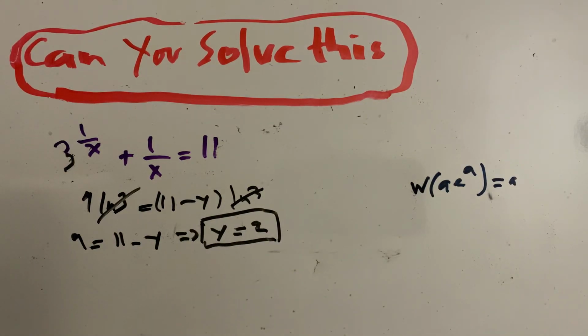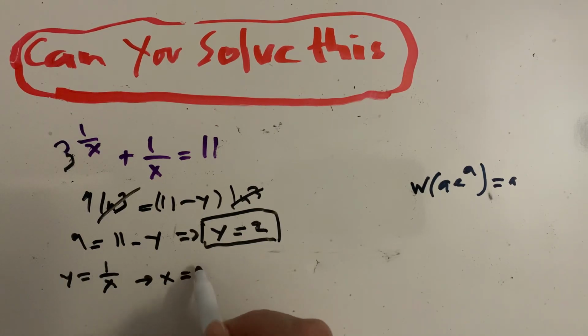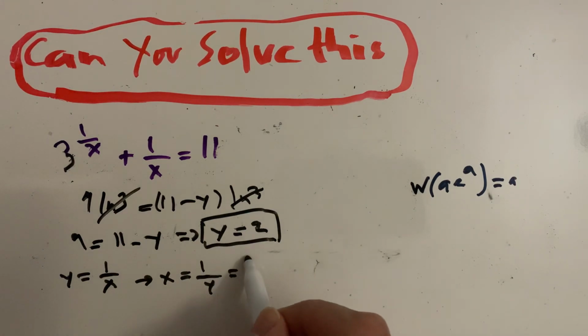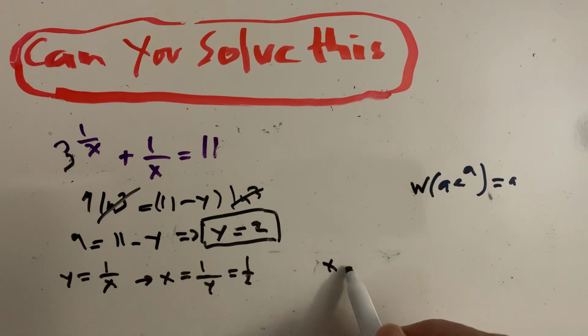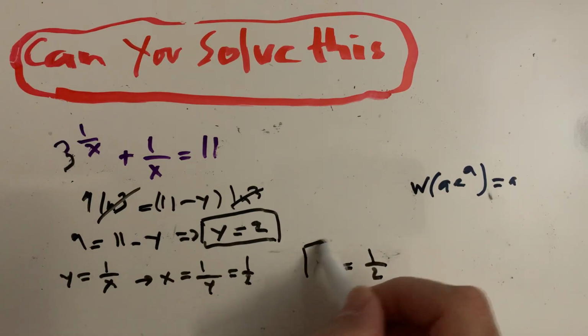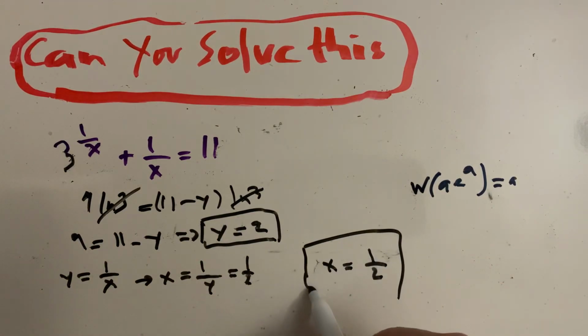Obviously we have y, we don't have x, but we did set y as 1 over x. So x is simply the inverse of y, and in this case it's going to be 1/2.